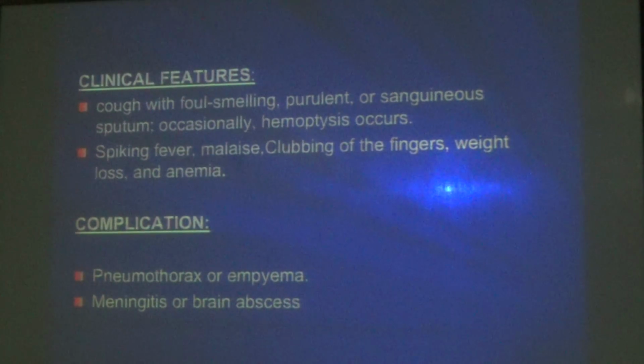The patient may have a cough with foul smelling discharge, a very bad smell because of the lung abscess. Sometimes blood will come out. Fever, clubbing of the fingers, weight loss, anemia. Complications such as pneumothorax, air filled in the thorax.